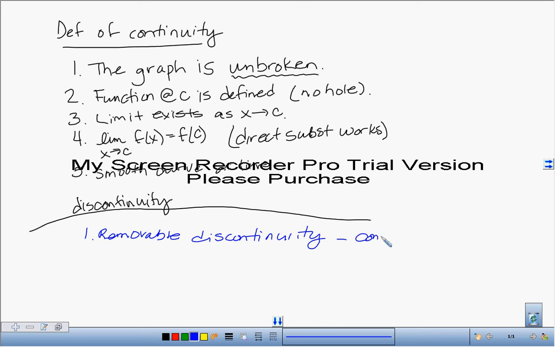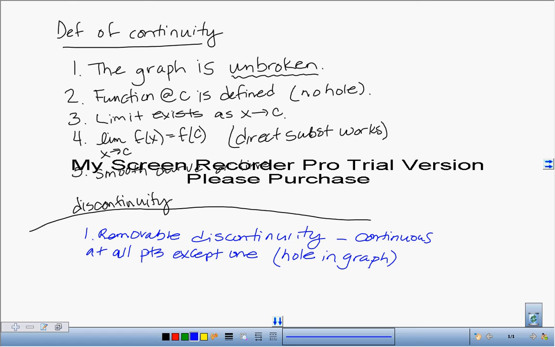Means it's continuous at all points except 1. So what does that look like graphically? Well, graphically it would be a hole in the graph.